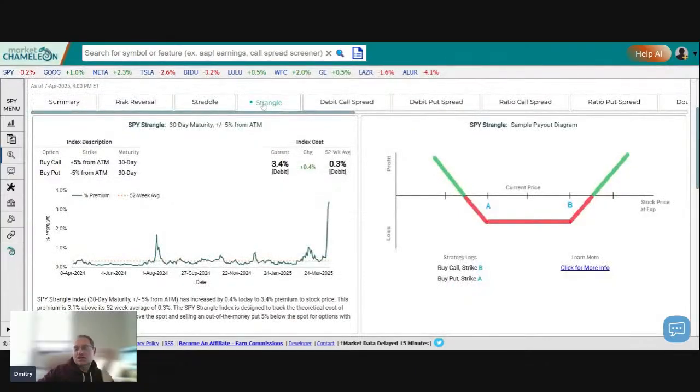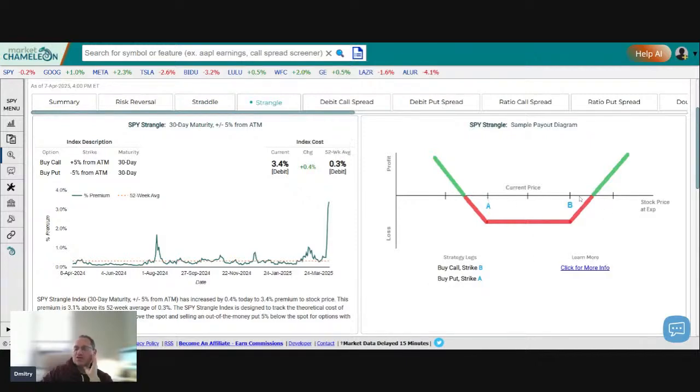As a strangle, you could see here from the buy side, this is just a visual example of what it would look like in the payout diagram. Say the current stock price is right here in the middle, and you buy strike B, a call, and then you buy strike A, a put.